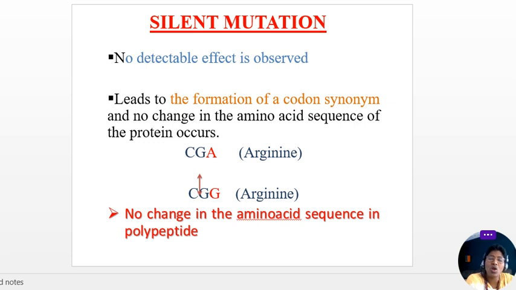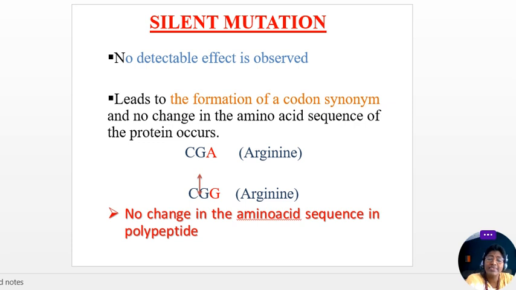It is more than one codon responsible for the same amino acid. Let me make it clear: CGA is one codon responsible for arginine, and another codon, CGG, is also responsible for arginine.